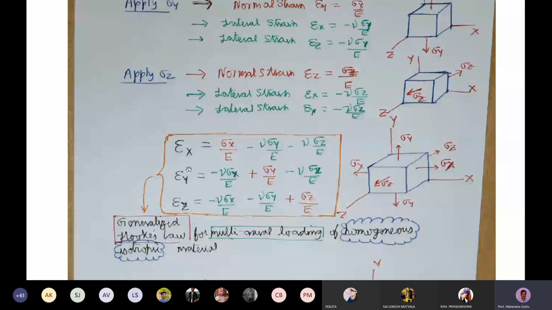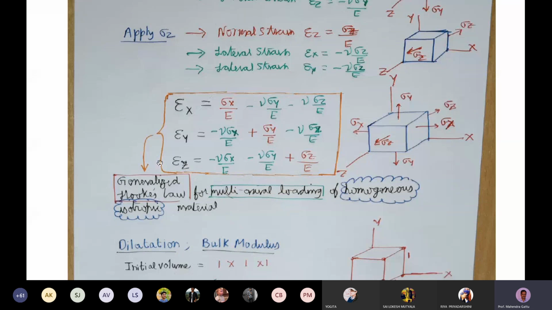Similarly, this is the strain in the x direction, and similarly strain in the y direction we can get directly: sigma y by E minus nu sigma x by E minus nu sigma z by E, and similarly epsilon z is sigma z by E minus nu sigma x by E minus nu sigma y by E. So these relations are also called the generalized Hooke's law for the multi-axial loading case for a homogeneous isotropic material.